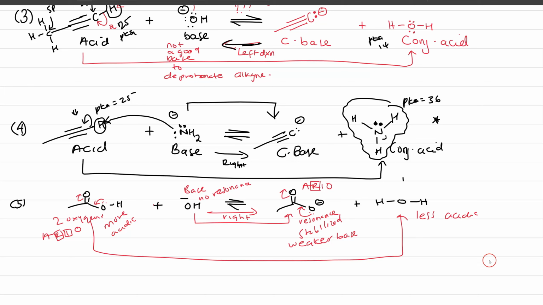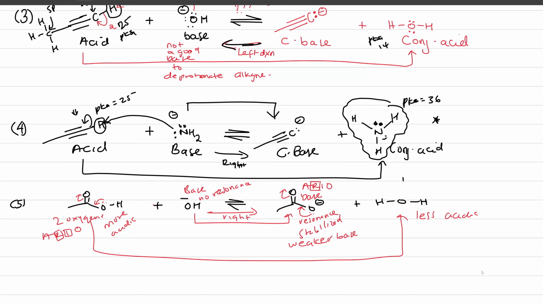So resonance helps you determine acidity. If it lacks resonance, it's probably a weaker acid. Does that make sense? No. Okay, again, it depends on what you're looking at. Are you looking at a base or an acid? Here you're looking at a base. If there's more resonance, then you are less basic.